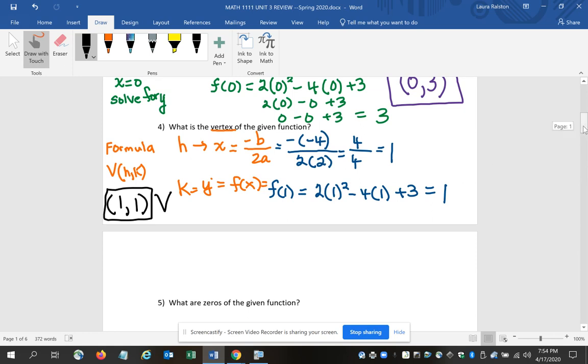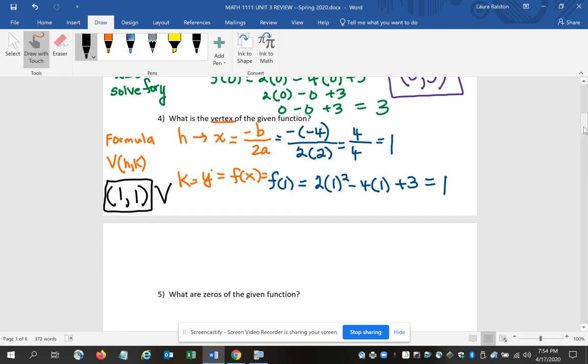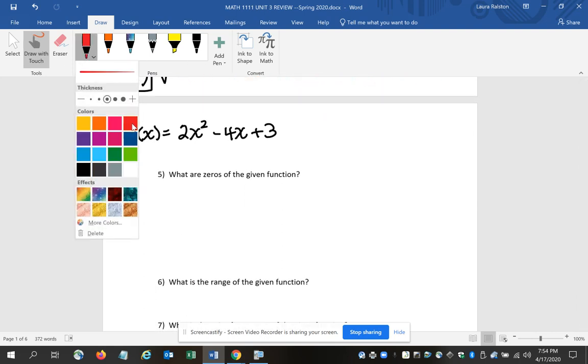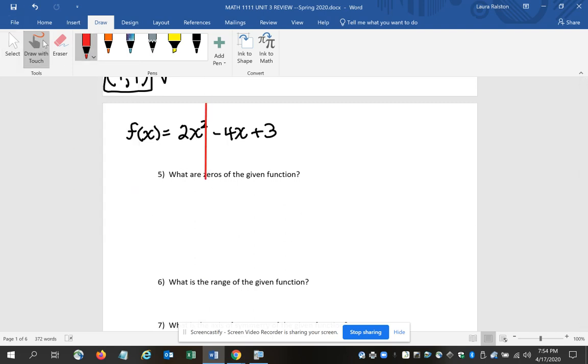Then you're asked in question 5, what are the zeros of the given function? I'm going to write the function down again so I can still see it. It is 2x squared minus 4x plus 3. Now, I've reminded you several times recently, and I'll remind you here again so that you don't forget for the test, that the word zeros has several synonyms, and it can be flip-flopped at any point.